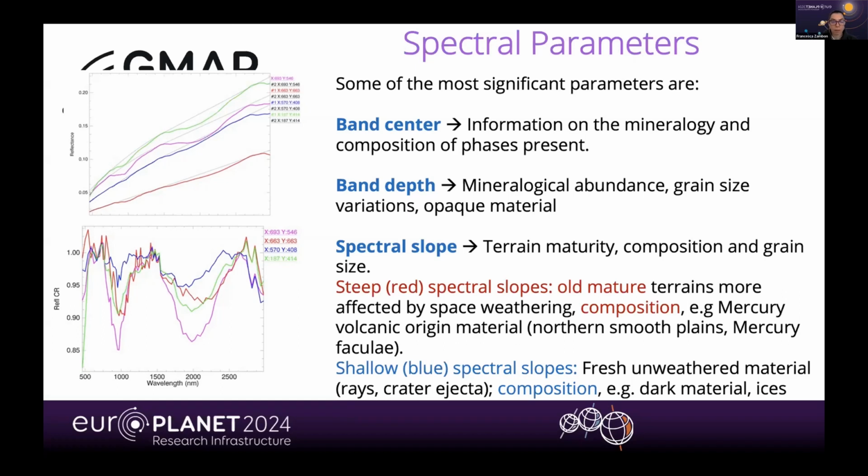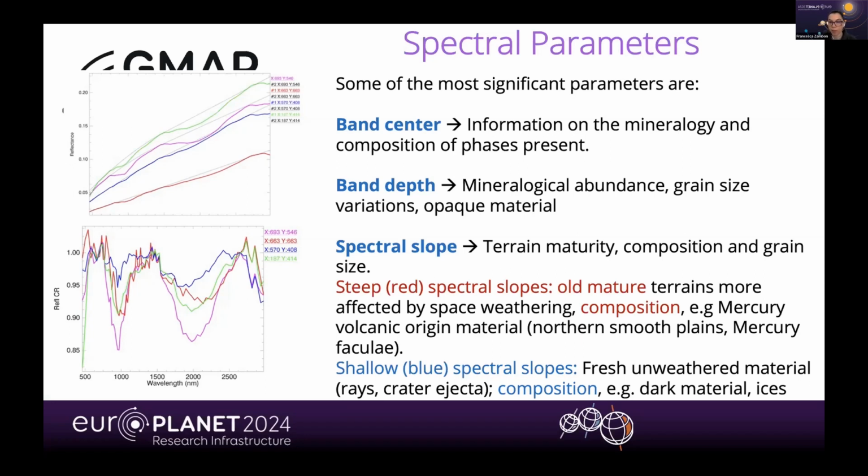Then when we have bluer slope, so shallower spectral slope, these are typical of unweathered material, so fresh material, but also we can have a bluer slope depending on the composition.